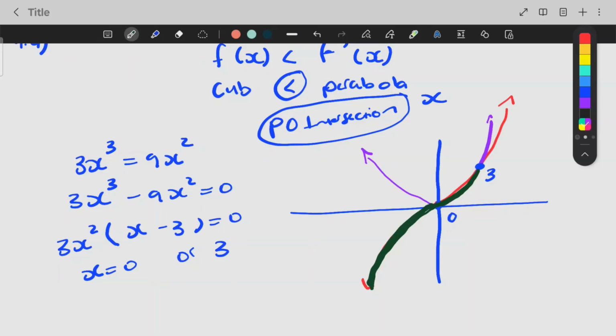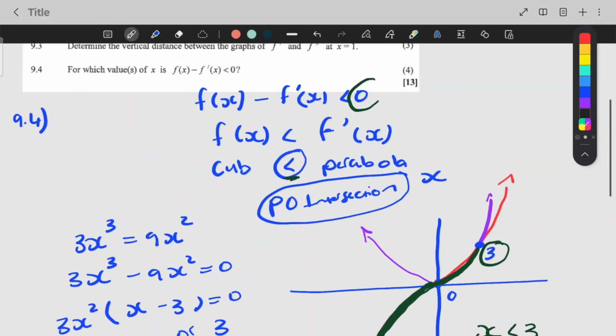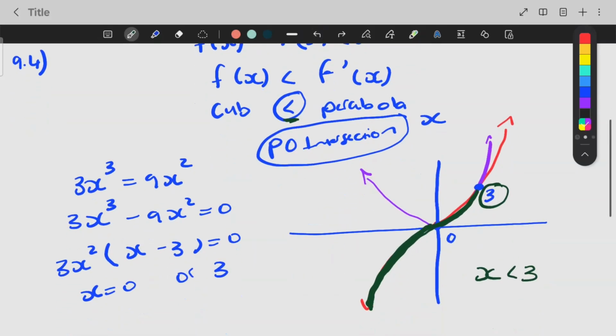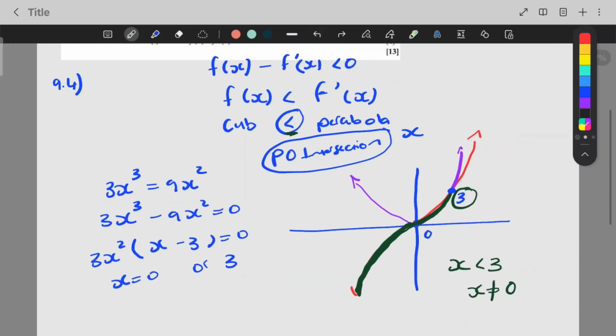The cubic is below the parabola where x is less than 3, because there's 3. But remember, there was no equal sign here. You see the 0 over here? It must be less than 0. So over here, both of them are equal to 0. The one isn't less than the other. So x cannot be 0. And x is not equal to 3, because it doesn't include 3. So you can do the question like that.